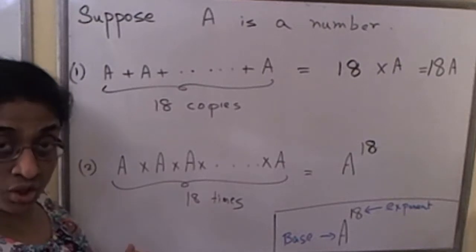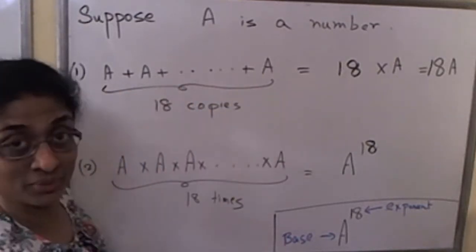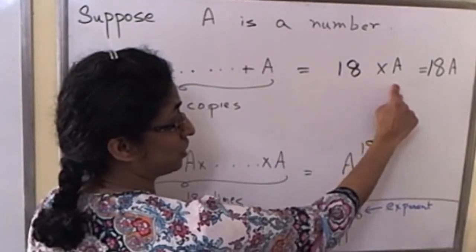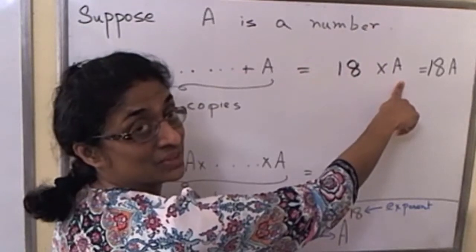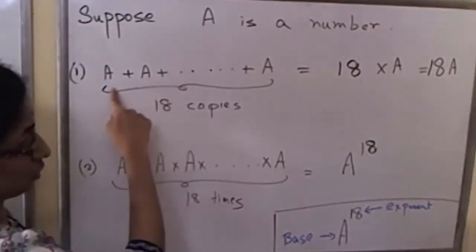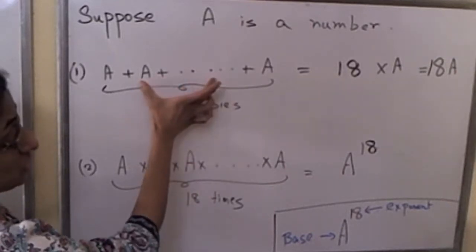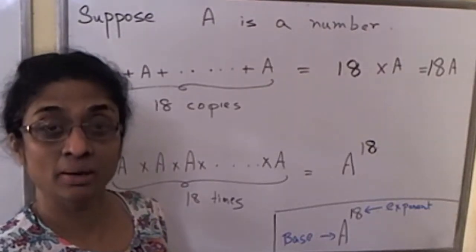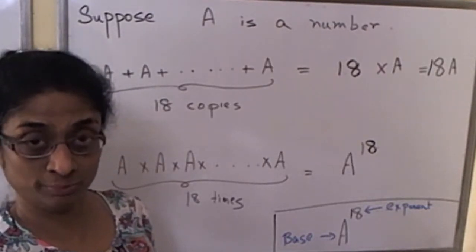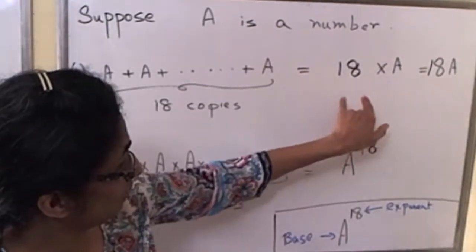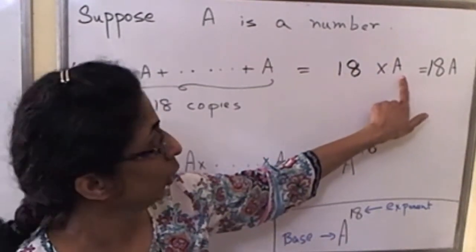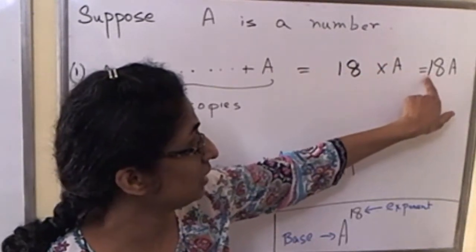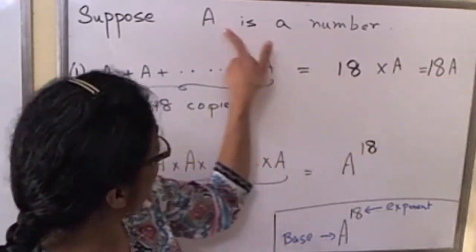Now there's also a shorthand notation for this exact same expression. By the definition of multiplication, this expression 18 times A is simply 18 copies of A added to themselves. Exactly this expression. Furthermore, it is an agreement in mathematics that when we have 18 times A, we simply choose not to write the multiplication sign, and we simply write 18 and then the letter A. The letter A is a number.